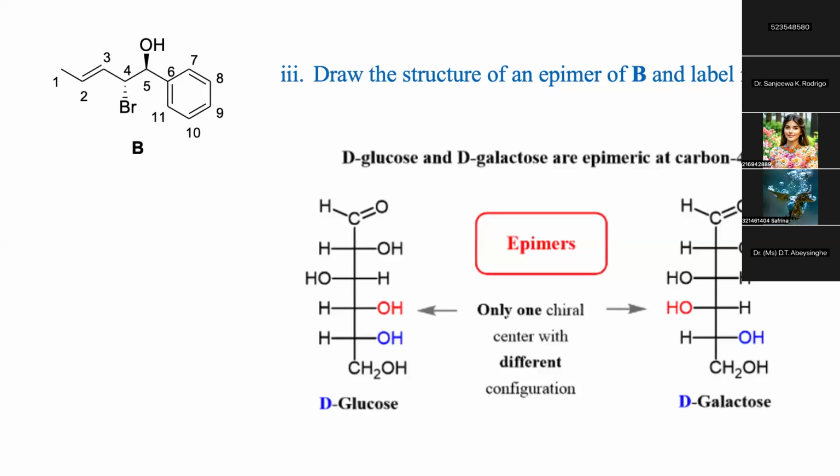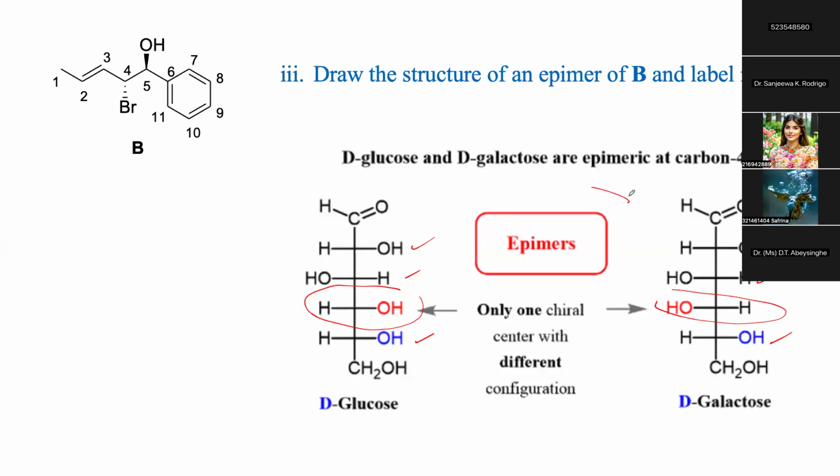Like this example I have given here, D-glucose and D-galactose. See, all the others are the same, okay? But only this one is inverted, so only one chiral center has a different configuration. So they are called epimers.